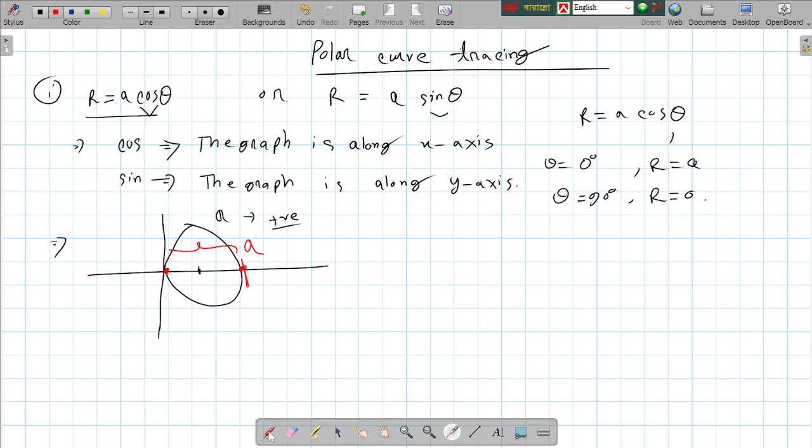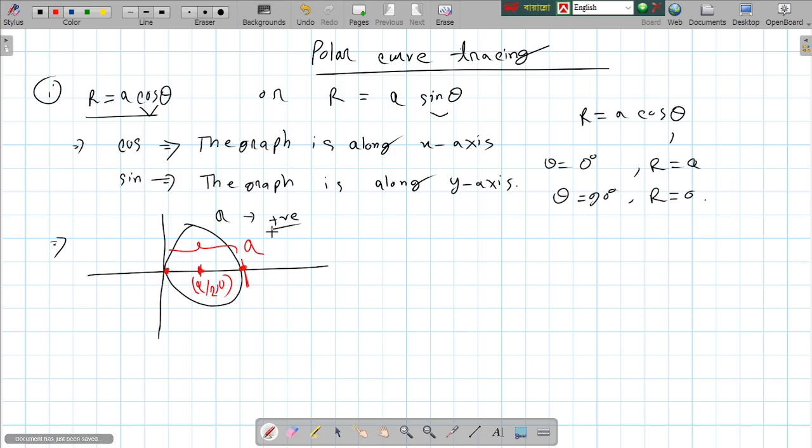So ultimately this point is a by 2, 0, because this is the midpoint of this diameter, the circle center.